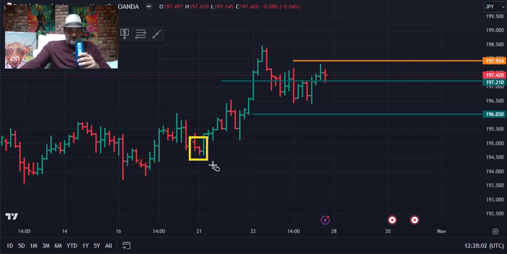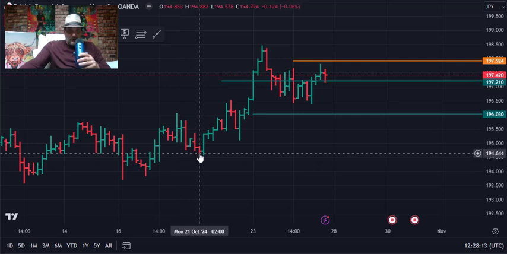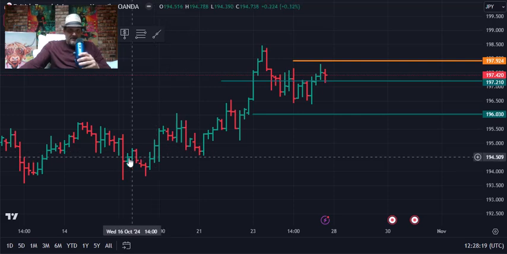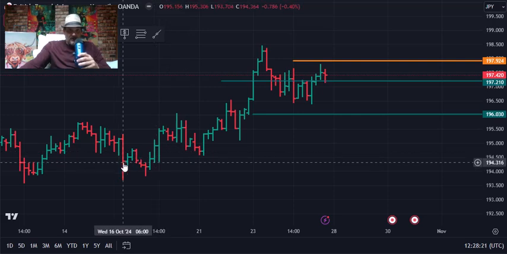First level is low bars close right there, which is 194.72. And then this low bars close on the 4 hours is like 194.36.